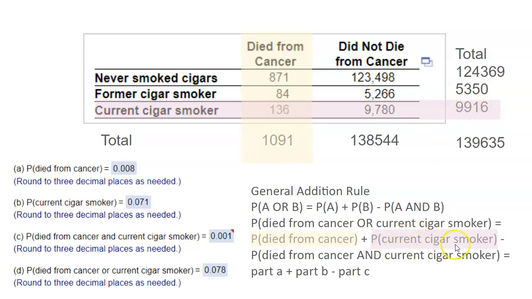Again, that helps us get the probability that we saw earlier in part B. And then what we're subtracting is where those two overlap, because otherwise we would count these 136 people twice. And we would not want to do that, so we'd have to subtract that intersection to arrive at the probability of A or B only.